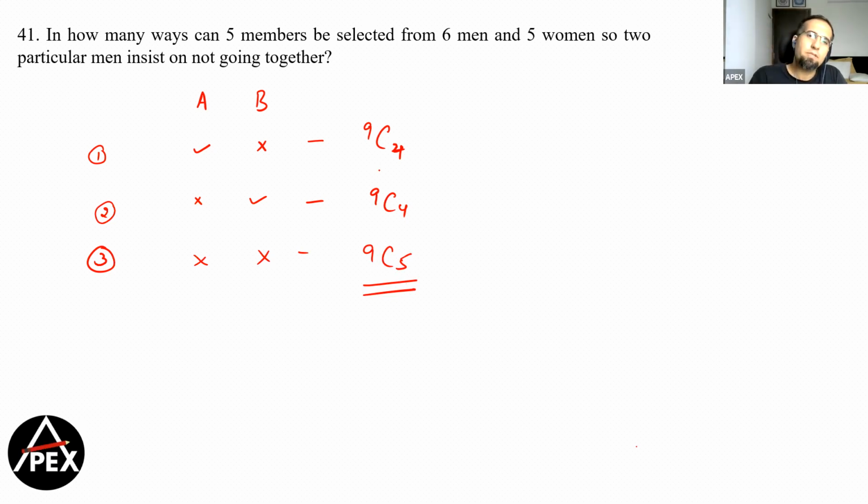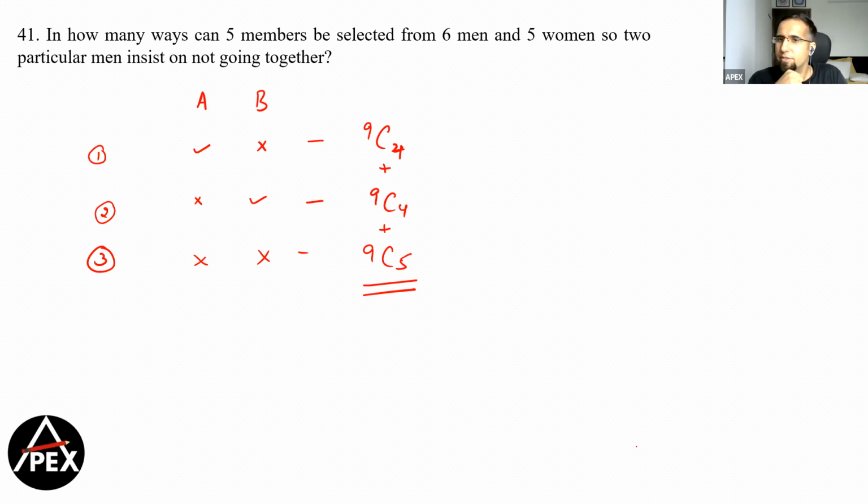Either this happens, or this happens, or this happens. Whenever I'm going independently, I can choose any one of them independently. Clear? Whenever I go with independent operations, I go with addition. Clear, guys?